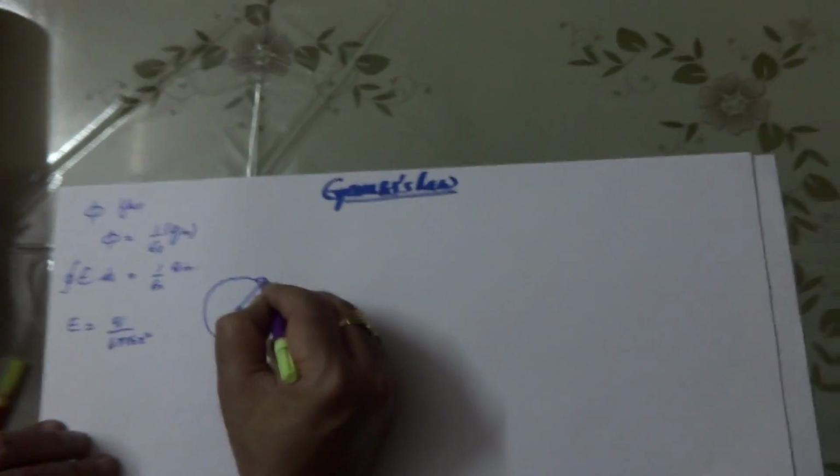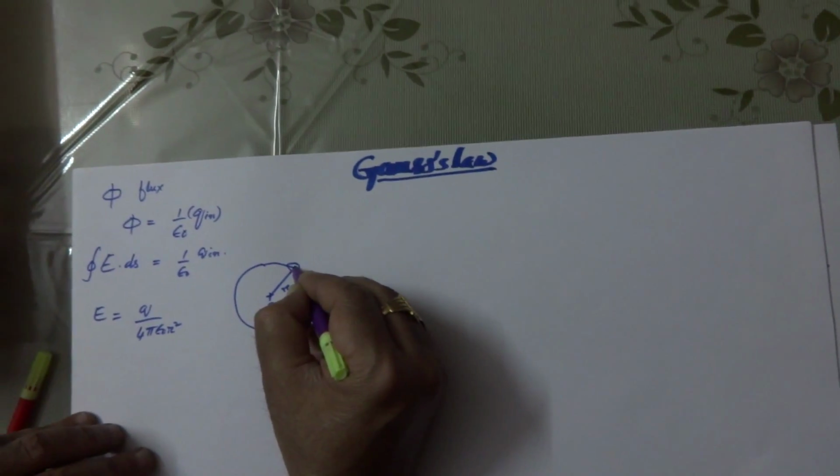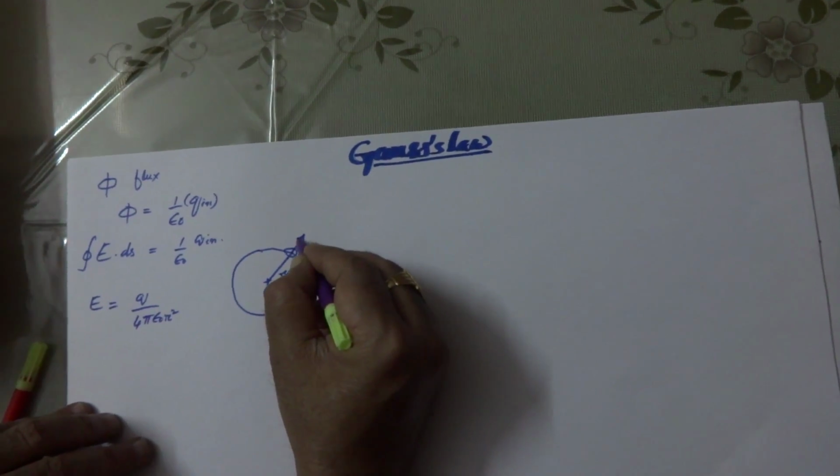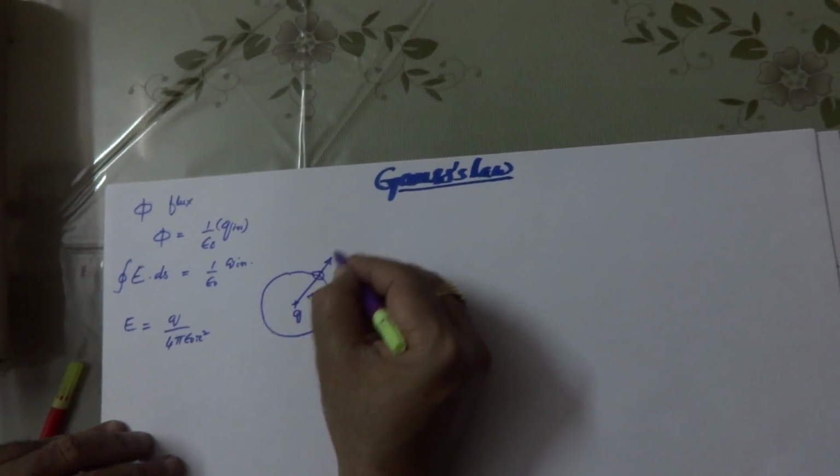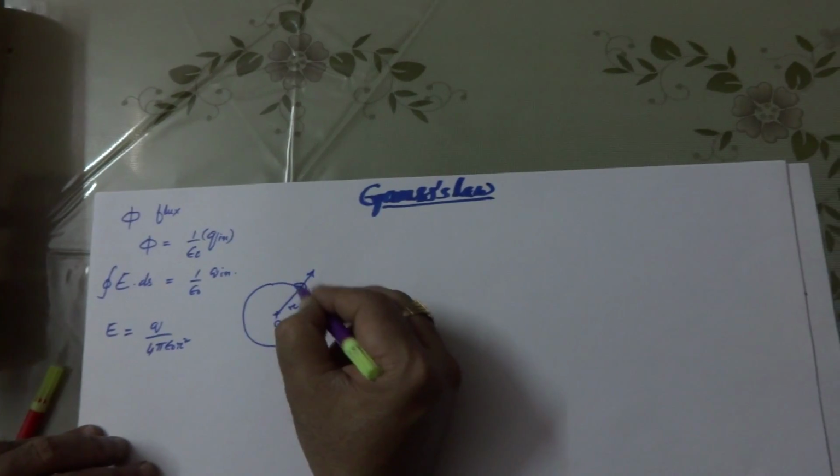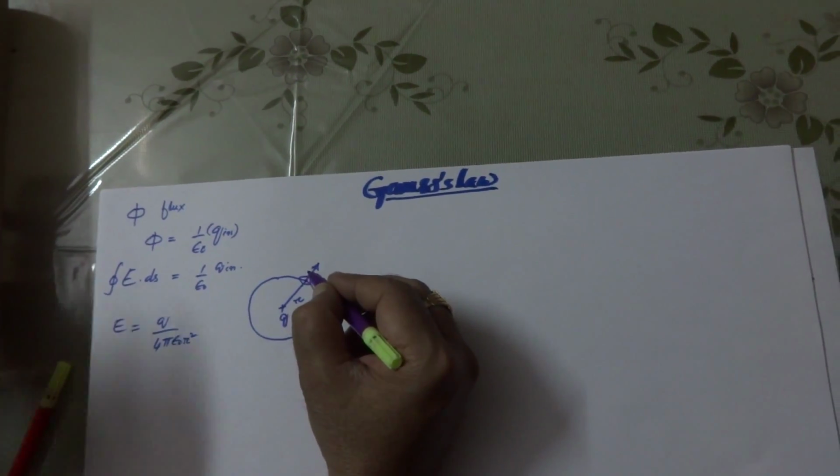Now if you imagine one areal element whose vector is in the direction of the outward normal, for any area, it is called the area vector.